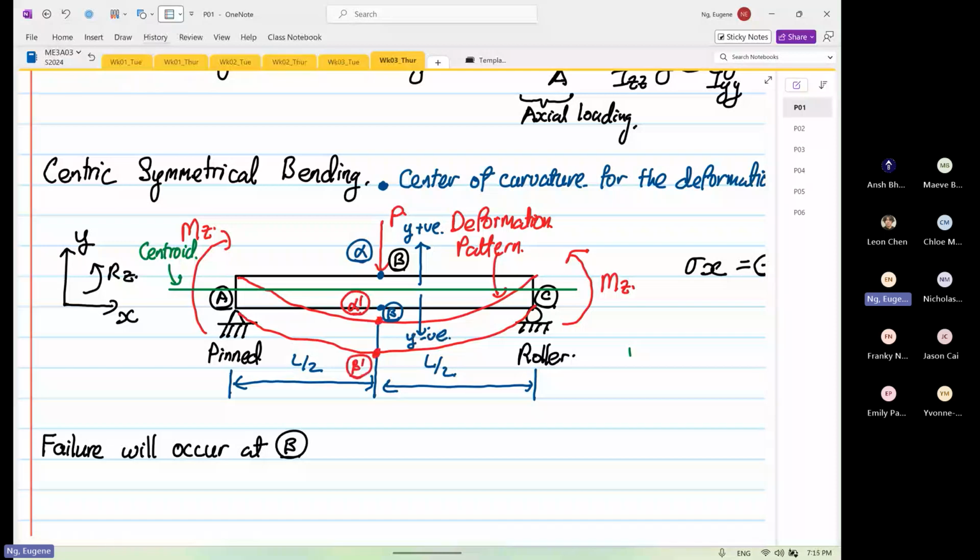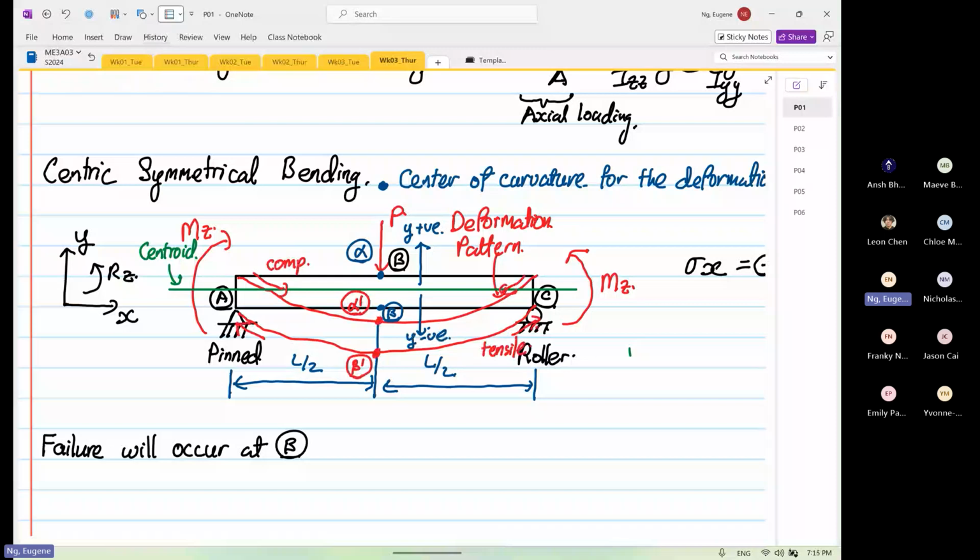After deformation, you realize that alpha prime is under compression, because the radius of curvature is smaller relative to the centroid. And beta is under tension, as you can see.